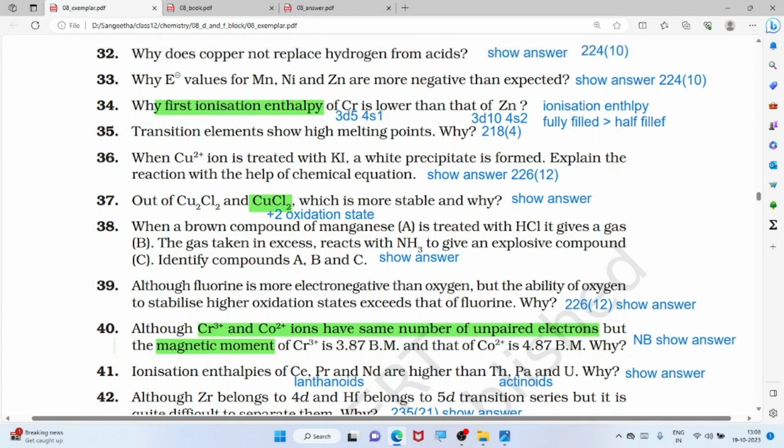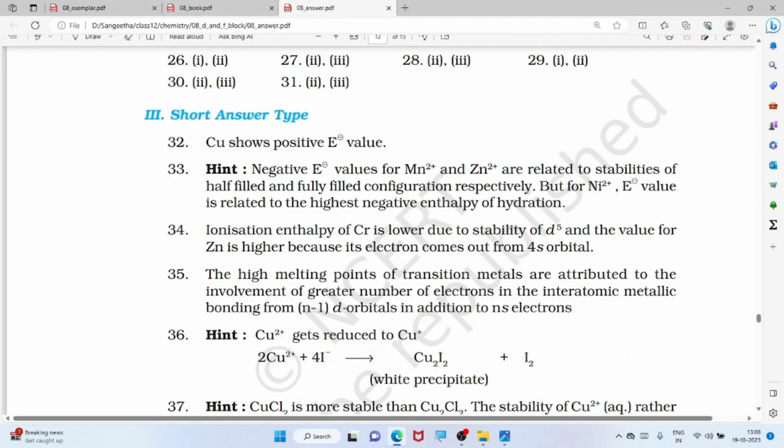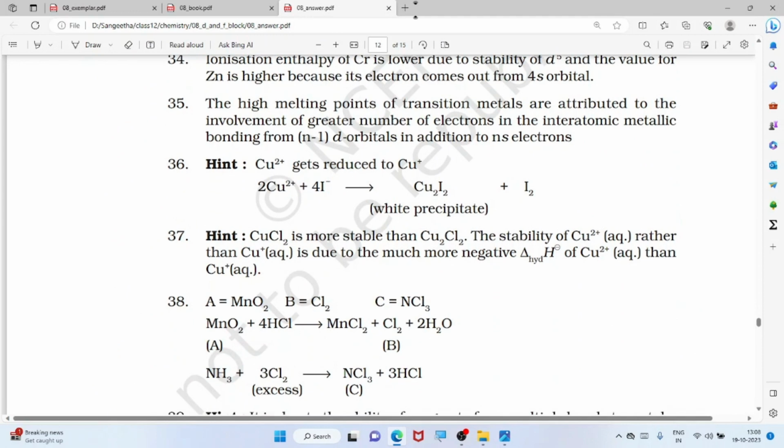When copper is treated with potassium iodide, a white precipitate is formed. Explain the reaction with the help of a chemical reaction. Okay, this gets reduced to copper(I).